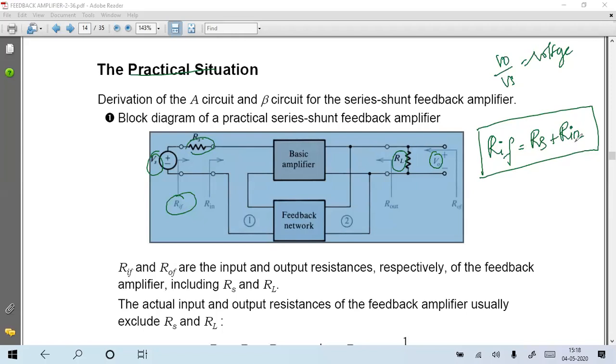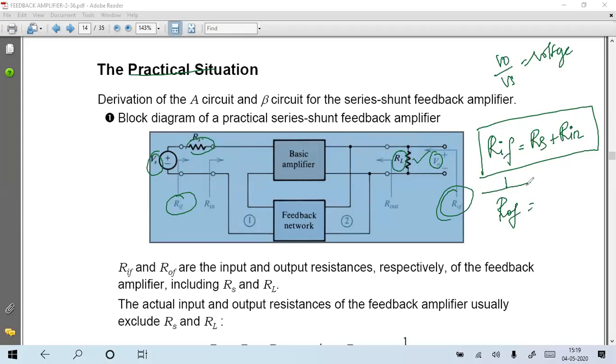What about the output side, R0F? If you see, the output side path is a shunt path. The resistors are RL and the internal output resistance. I want to calculate the equivalent value of the feedback resistance, which is a parallel nature.